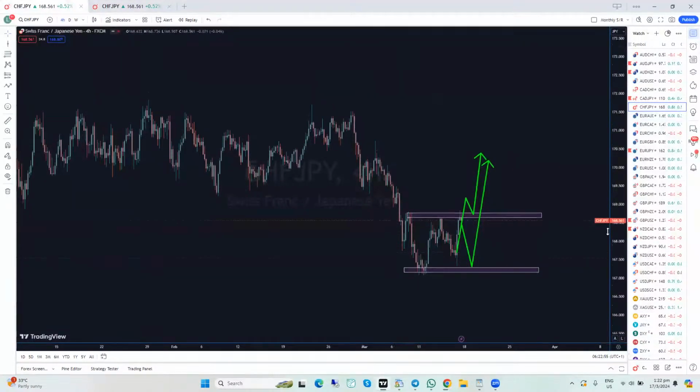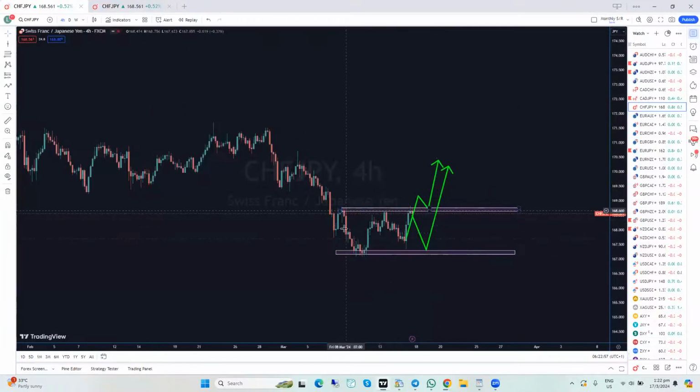Again, price is in a, I'm a bit hesitant to call this a range, but it does appear to be. So for this kind of setup, my directional bias is actually on the bullish side. So I'm waiting for price, as always, to break and retest the high of a range, and then I will enter. A much riskier setup will be here at the bottom of the range. In this case, I would not actually recommend this.